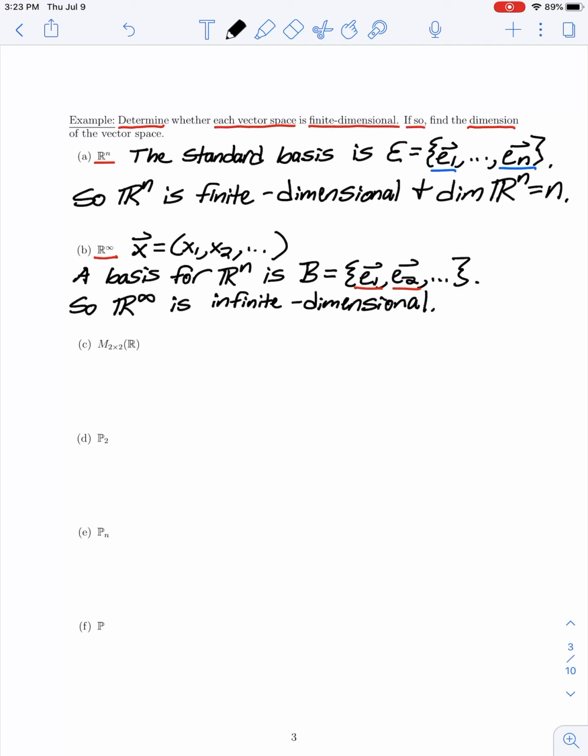All right. Now in part C, we're looking at the vector space of 2 by 2 matrices with real entries.